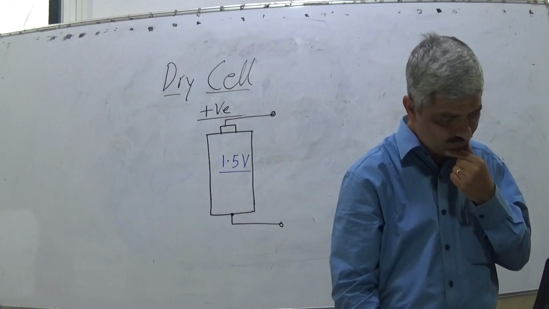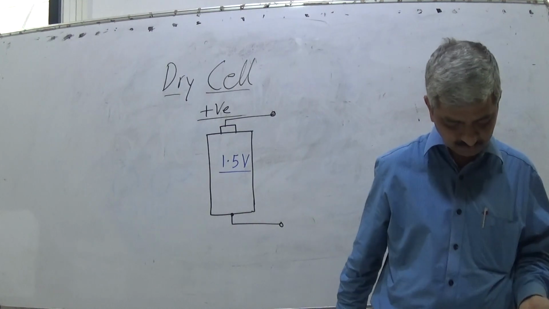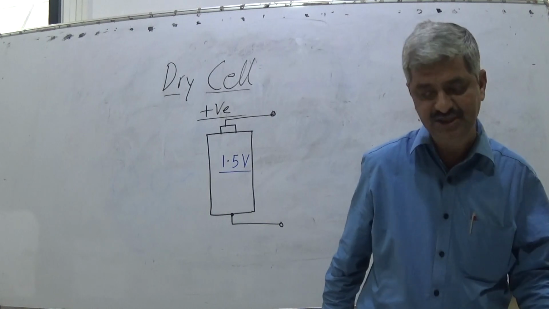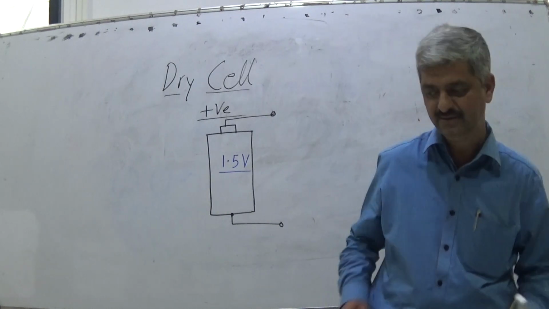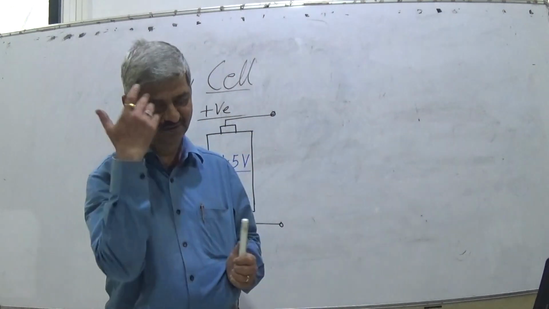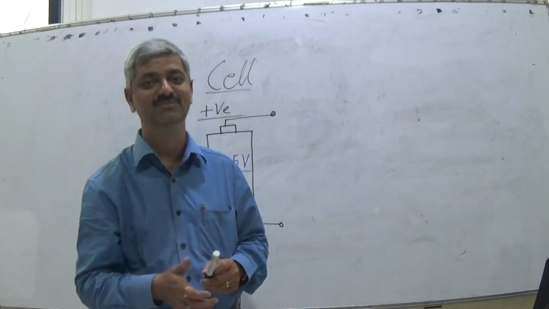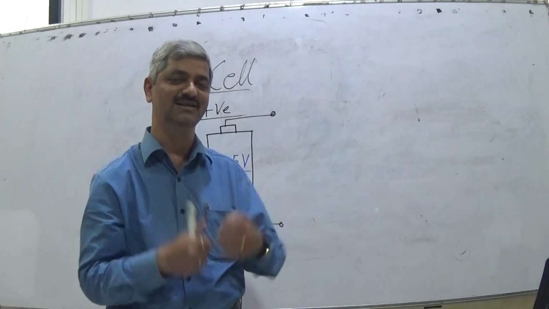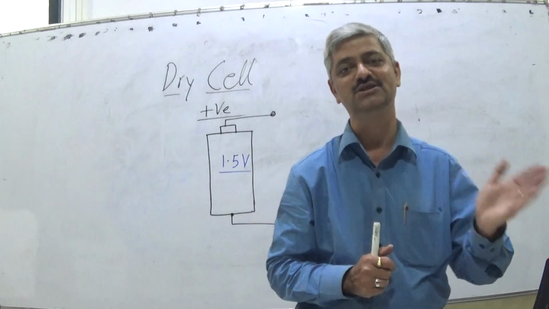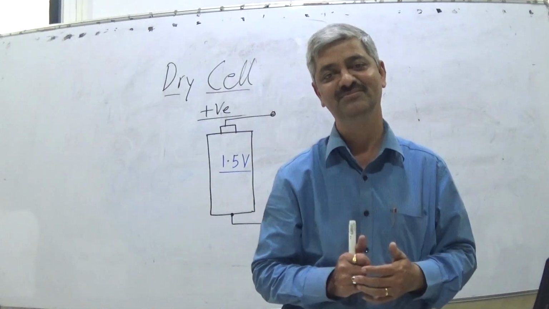Now, if you are given a digital voltmeter, DVM, everybody is having it now, it's very cheap also. A few years back DVM was something miraculous, analog voltmeters were there. Now an analog voltmeter is costlier than a digital voltmeter.